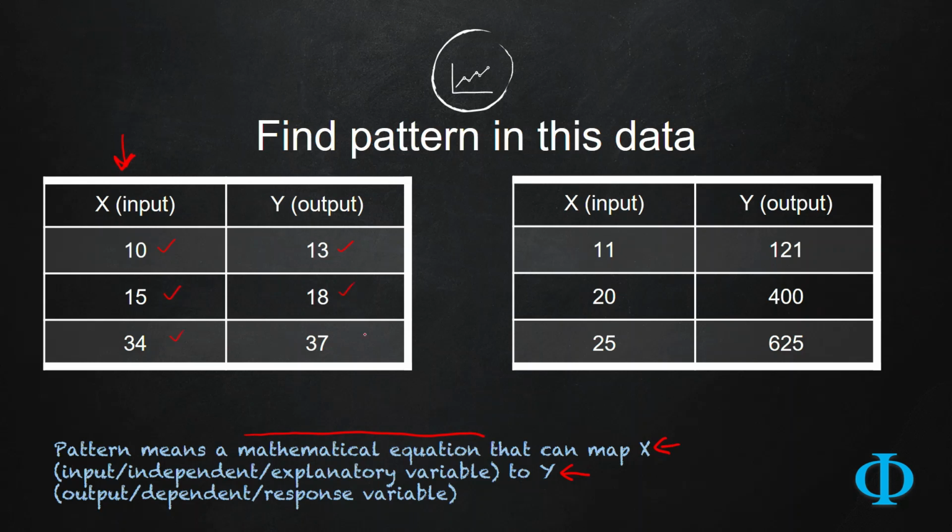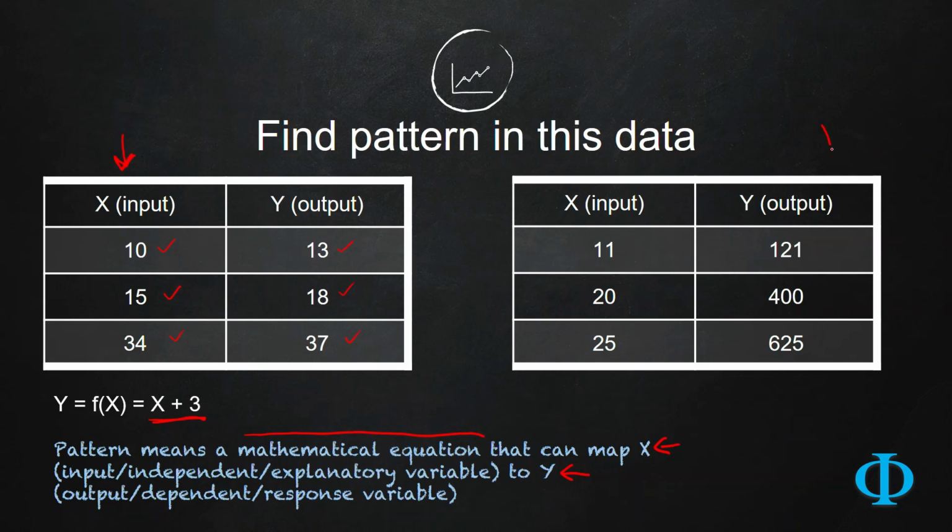For 34, it is 37. So can you find the equation which can map x to y? Well, of course, it's a very easy job, right? If you notice minutely, you will see that y can be written as y equals x plus 3.